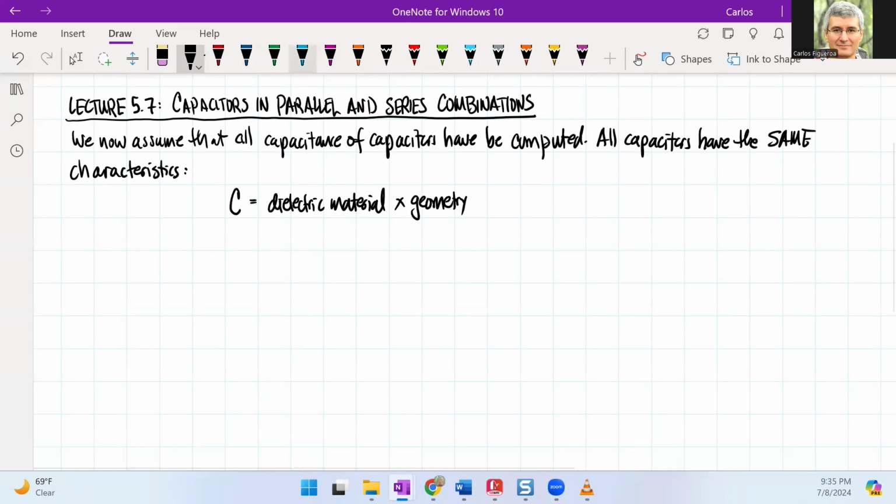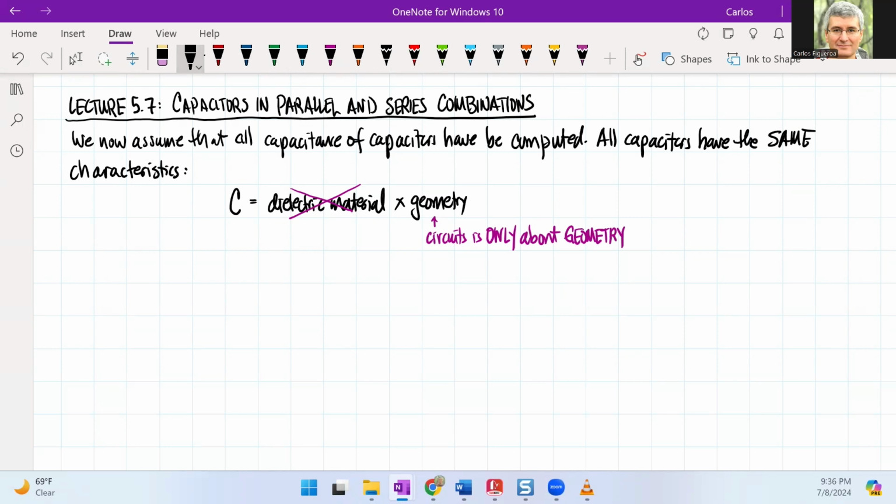So we're going to ignore this, and we're going to say that circuits are only about geometry. There is no material aspect in circuits other than we know that there's a dielectric, they have a permittivity, but that's all we care about. We don't care about anything else.